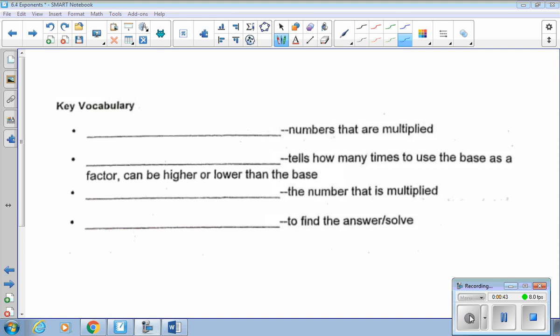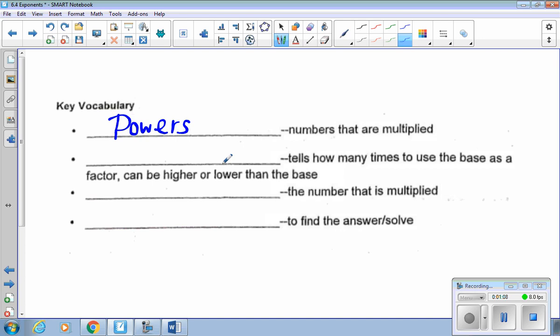The first one is numbers that are multiplied, and this is going to be powers. That's what the whole exponent and base is called, a power, that you'll refer to.